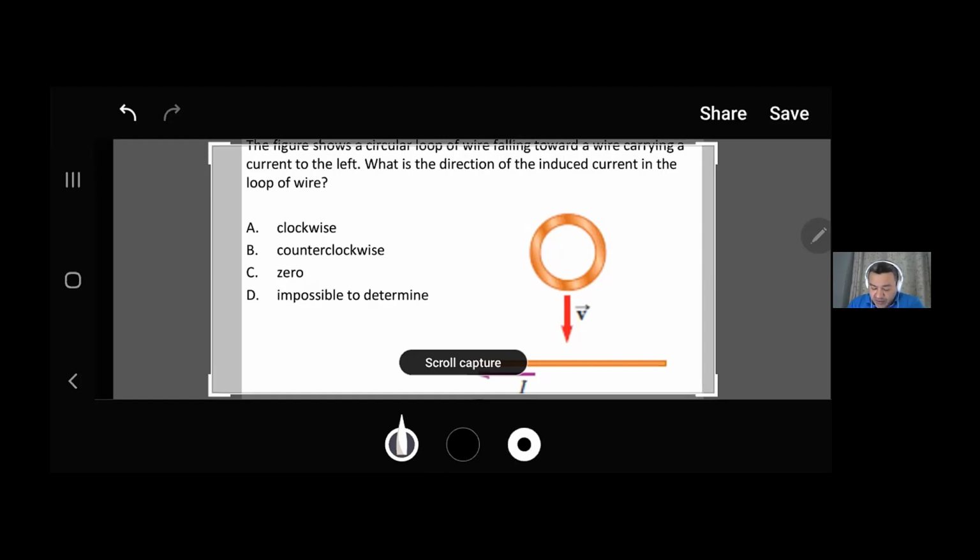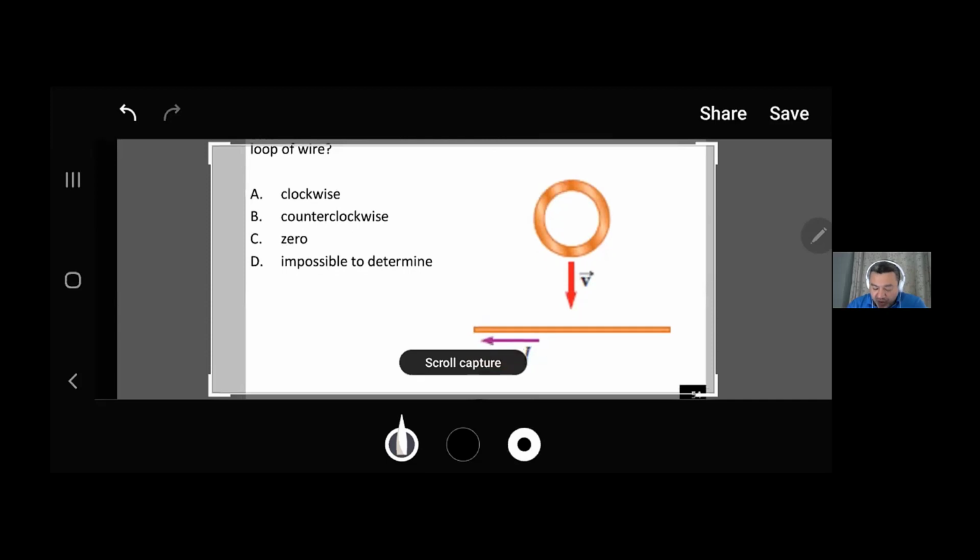Now for this circular loop that is falling at a speed toward the wire, basically it is coming from a weaker magnetic field to a stronger magnetic field. Why?